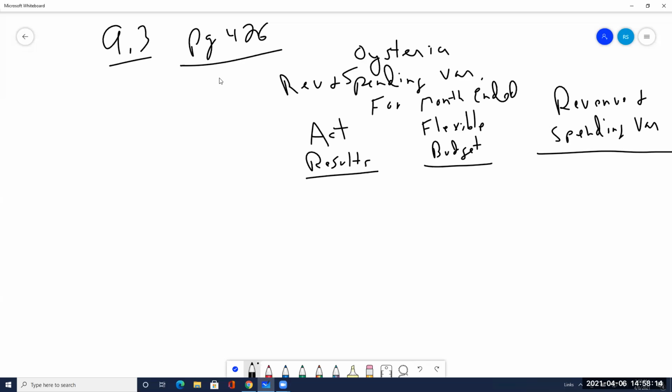So those are going to be my three columns. Now notice I don't have a planning budget here. I just have my actual results and my flexible budget. So now what I have is pounds. These are pounds of oysters or what have you. My actual results were 8,000. I have flexed my budget for 8,000.